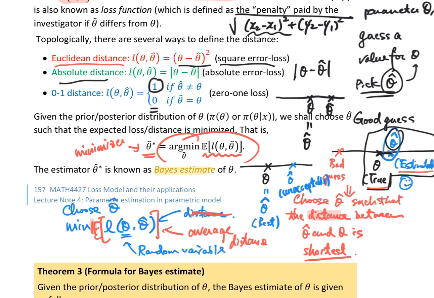Depending on the loss function that you consider, the resulting Bayes estimate will also vary, so it will give you a different number. The next question is, given the loss function that you have chosen, what will the Bayes estimate look like?